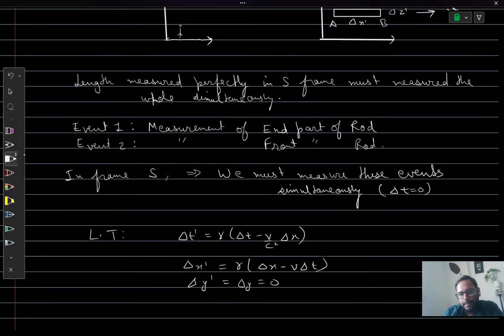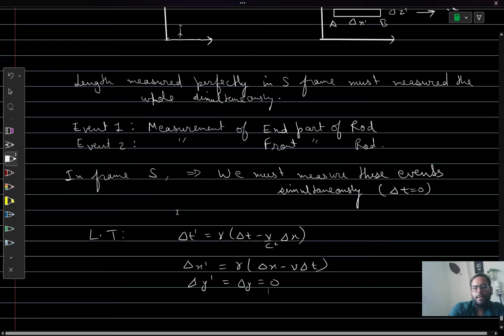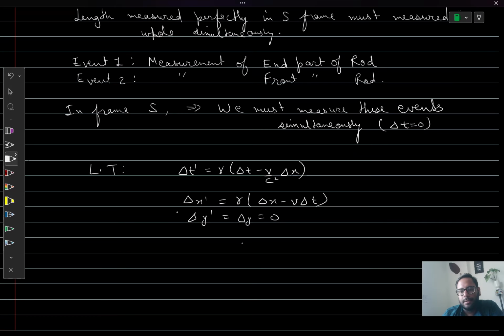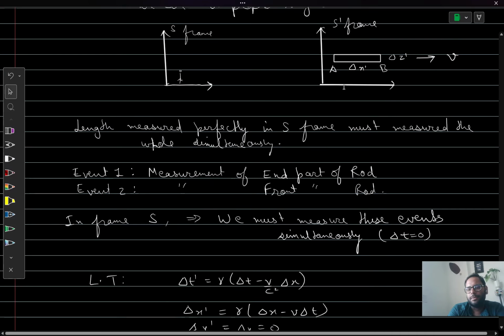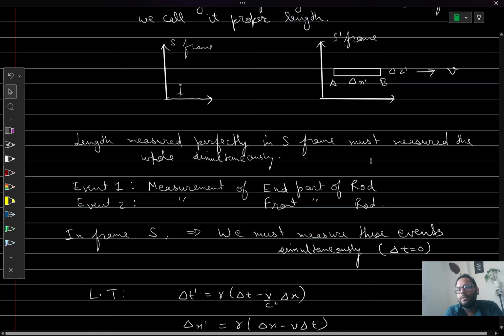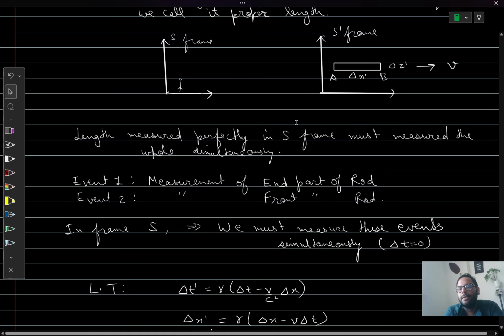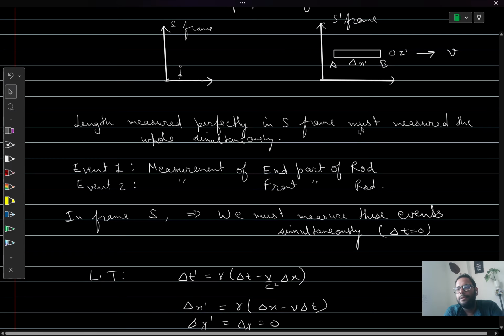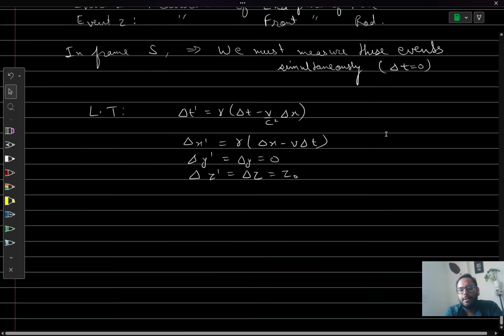You can take this as 0, as there is no length in the y direction, and you can take this as some z naught. This is because the transformation equations do not affect the length in the z direction, or say the height will not be affected in any measurement. So you can take it or not take it, it's up to you.